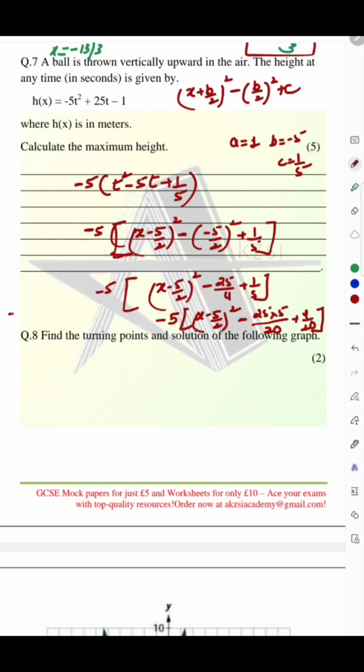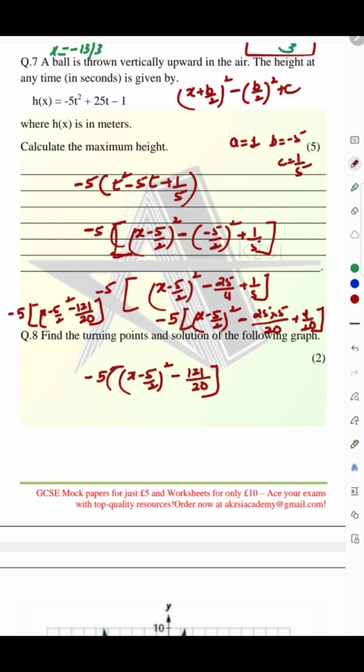So this will be minus 5 times x minus 5 by 2 whole squared, and this will be minus 125 plus 4, which is minus 121 by 20. I'm just continuing it here. So minus 5 times x minus 5 by 2 whole squared minus 121 by 20.